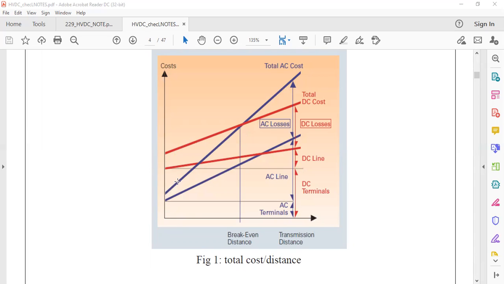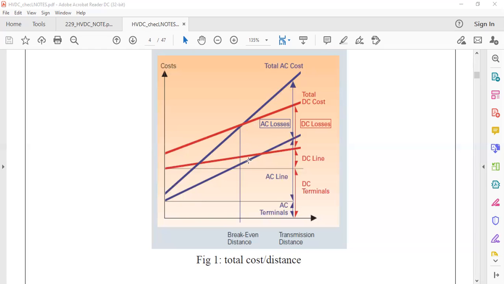Similarly, the AC cost increases up to this point, and AC transmission is okay up to here. After that, as the distance increases, power transmission through AC becomes very costly, but DC is reduced, right? In the same manner, losses also. This is the breaking point.